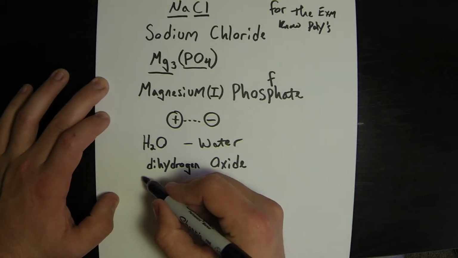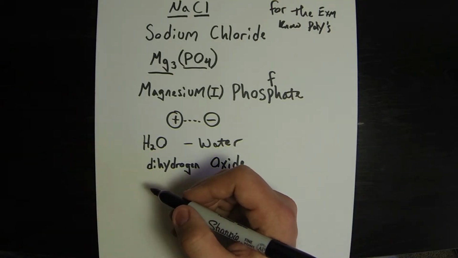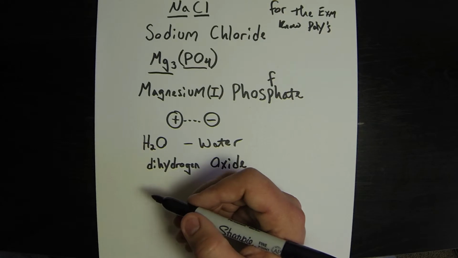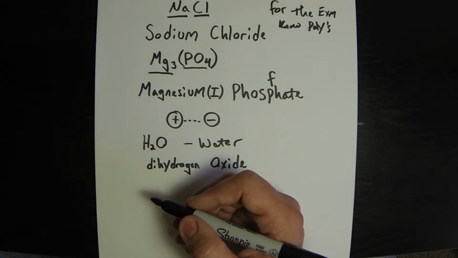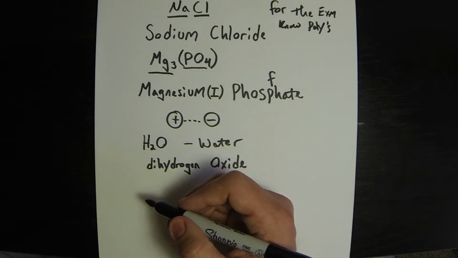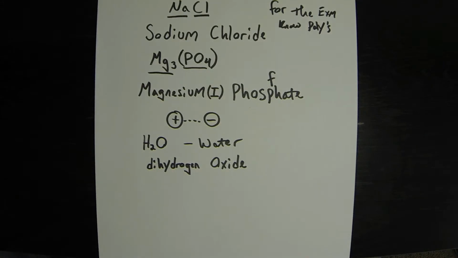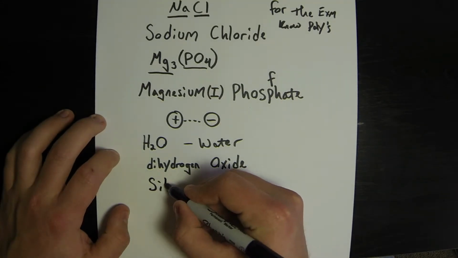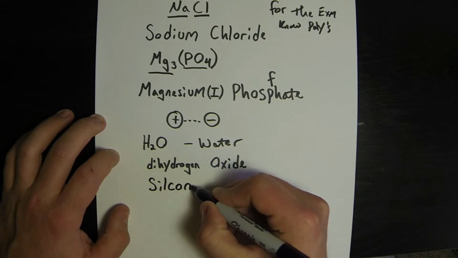Let's do another one. What if we have, let's see if I can find a good example, oh, I can't find one. So let's just come up with this. Let's use silicon. Silicon. Oh, this will be good.